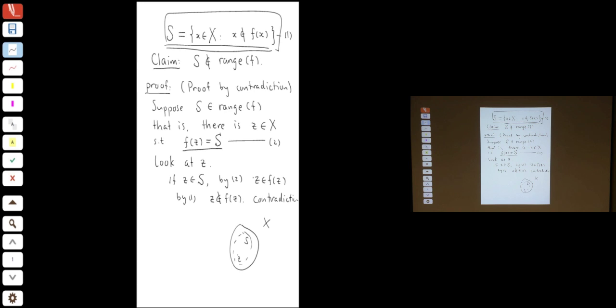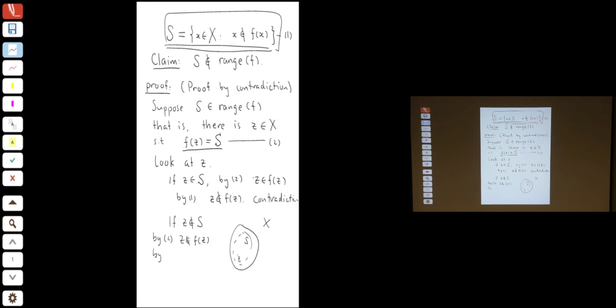Now, the other case is if z is not in S. It's the same argument, so let's do it since it's short. By 2, I replace S by f(z), so z is not in f(z).